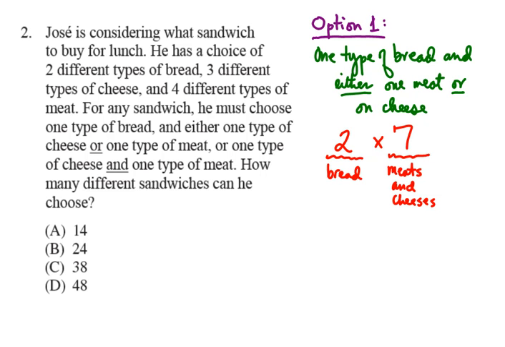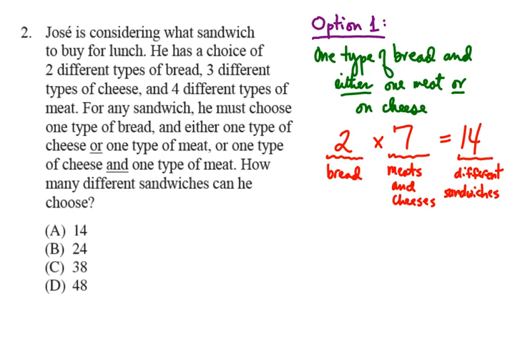So that means for each of the types of bread, you could put 7 different fillings in there. So if you have 2 breads, you're going to have 2 times 7, or 14 different options for sandwiches. So that's the first option that he has, one type of bread and either one meat or one cheese.